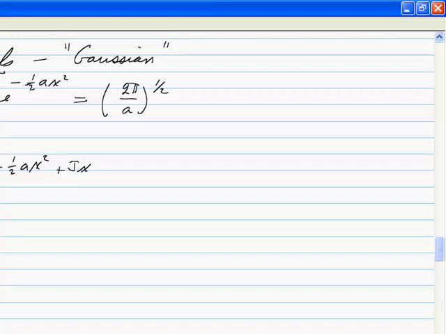Okay, so now it's a shifted Gaussian. There's this little shift, and the way you solve it is you complete the square. You write this as the integral dx e to the minus 1/2 a (x minus j over a) squared, times e to the plus j squared over a squared, and there's a 2 there.